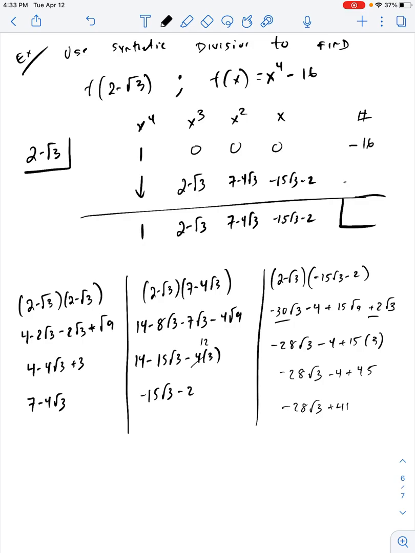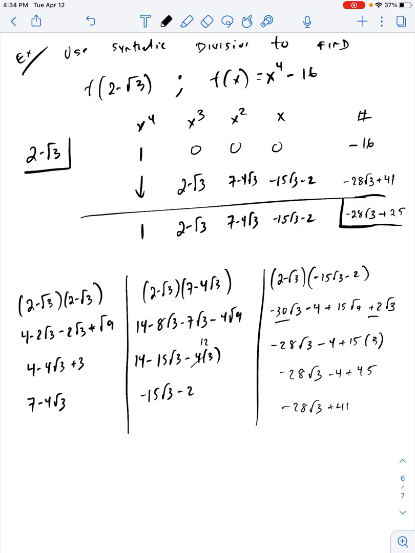We put that up here. And if we were to add that, all right, we get negative 28 square root of 3 plus, what do we get? We subtract there, we get 25.